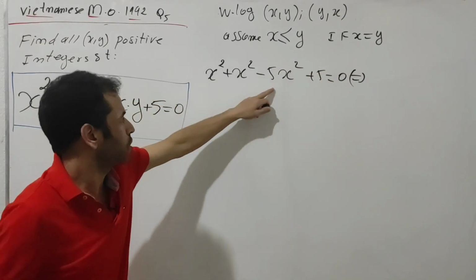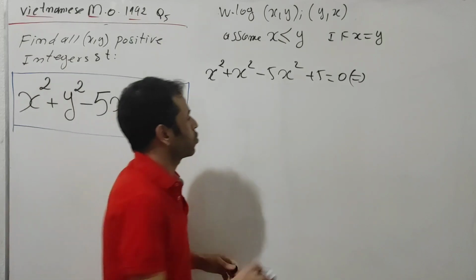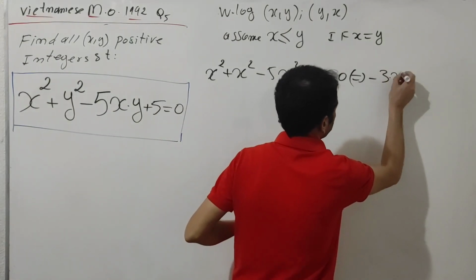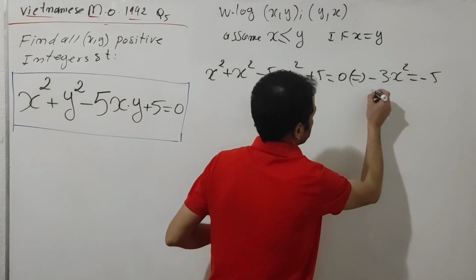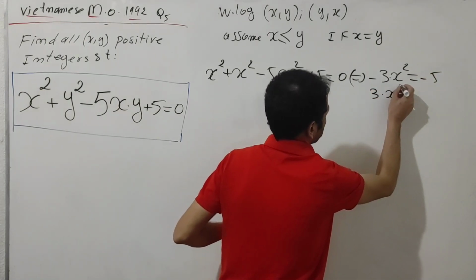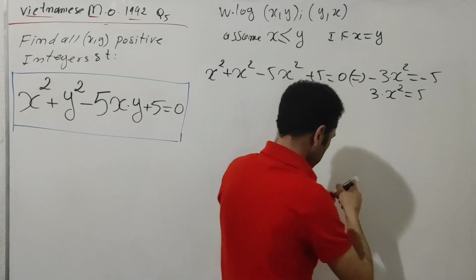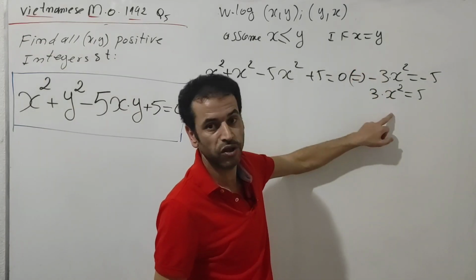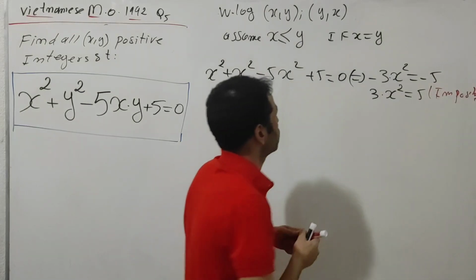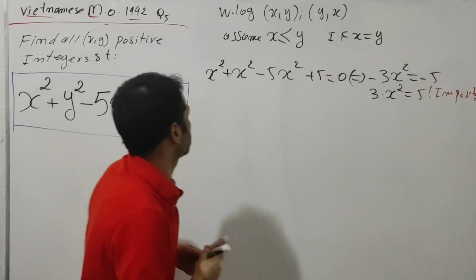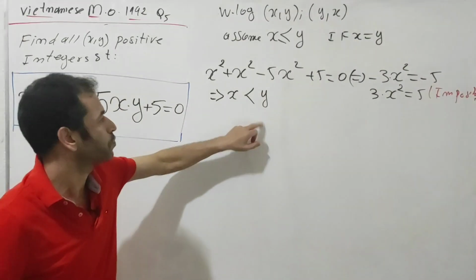By calculating, 2x squared minus 5x squared gives us minus 3 times x squared equals minus 5. That means 3 times x squared equals 5. Since x is a positive integer, this is impossible. So that means x is not equal to y, that means x is strictly less than y.